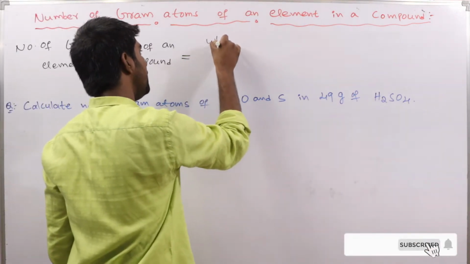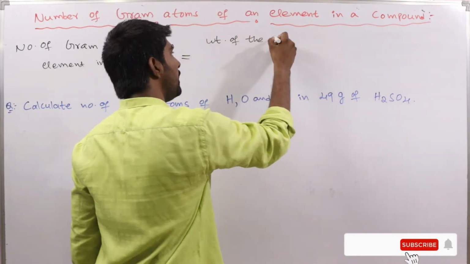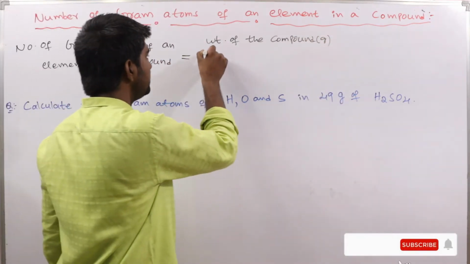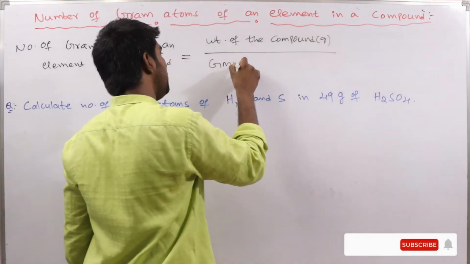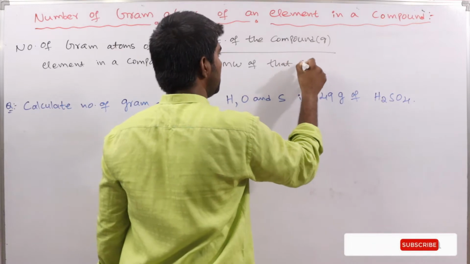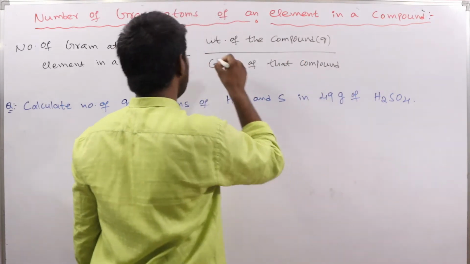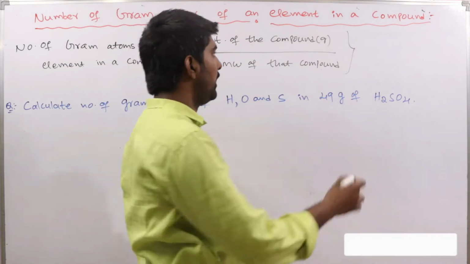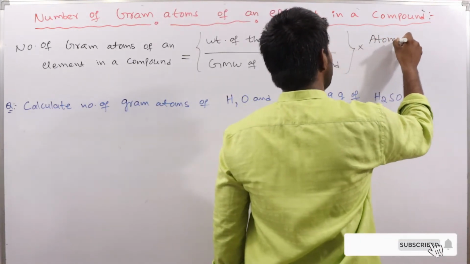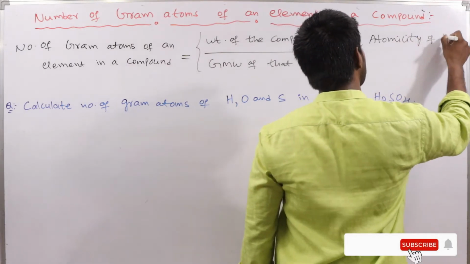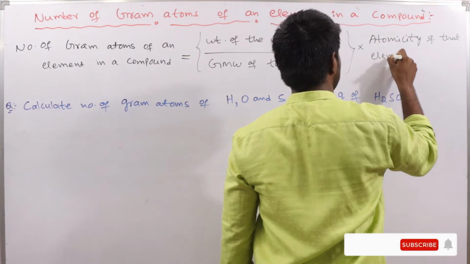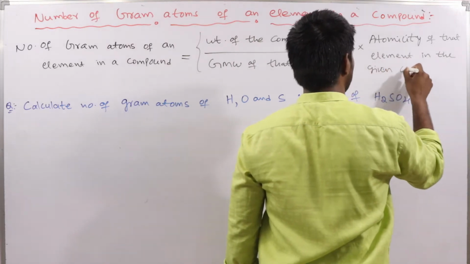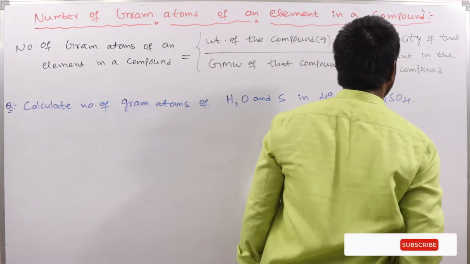It is the weight of the compound, which is given in grams, divided by the gram molecular weight of that compound, multiplied by the atomicity of that element in the given compound.